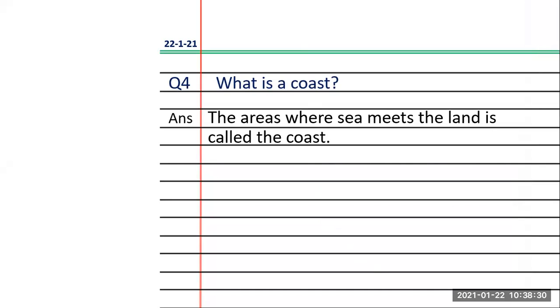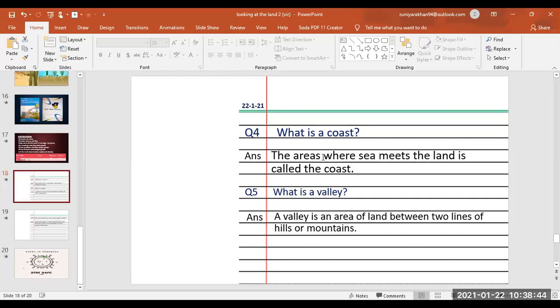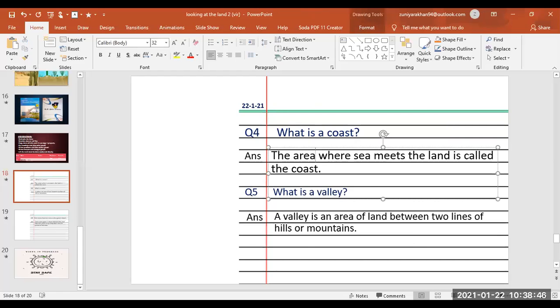Put the question with blue color. Question is, what is a coast? Write down the answer. The answer is the area where sea meets the land. The area, not areas.